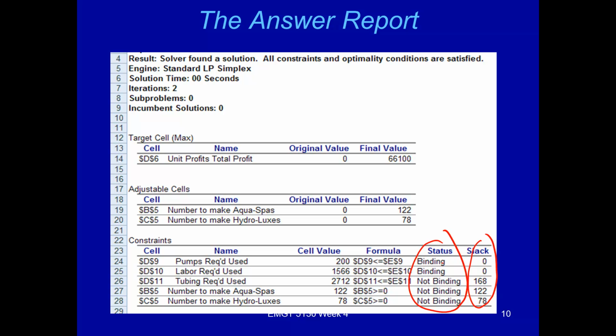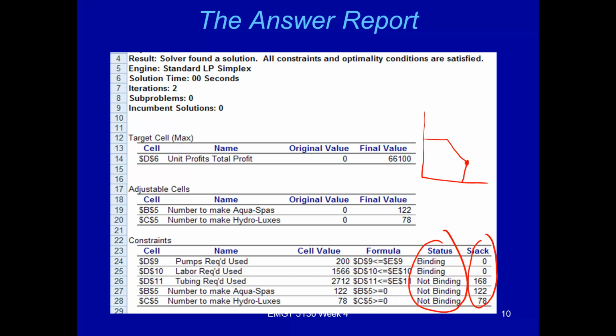Okay, so you can see that the 2, and we remember that the graphical solution is here, right? And that's where the pump and the labor constraints intersect. So these 2 constraints are binding, and they have slack of 0. This slack means no more left, as it tells by the name, right? No more left, no slack.